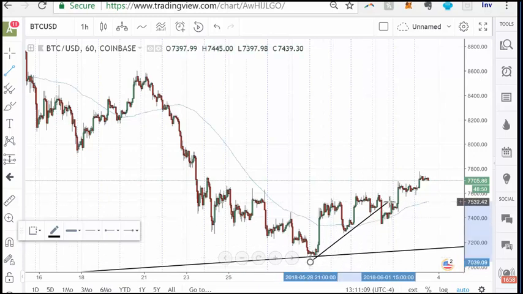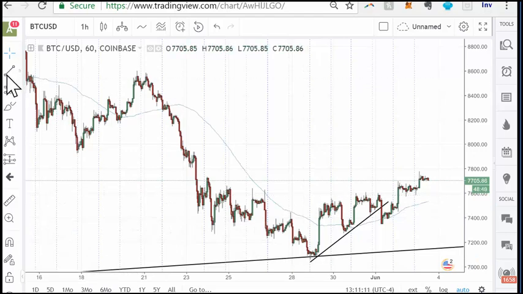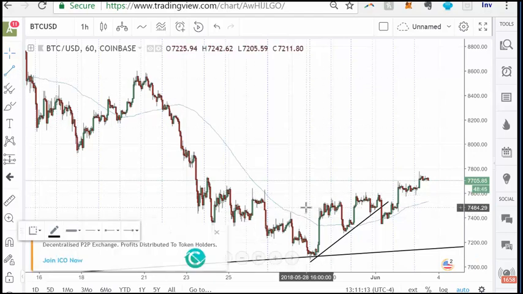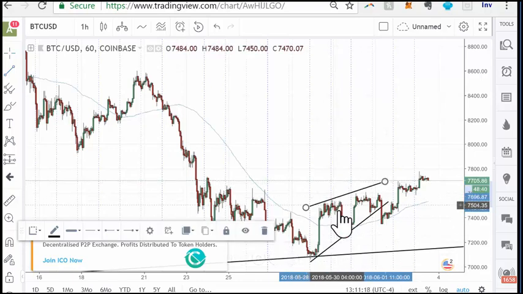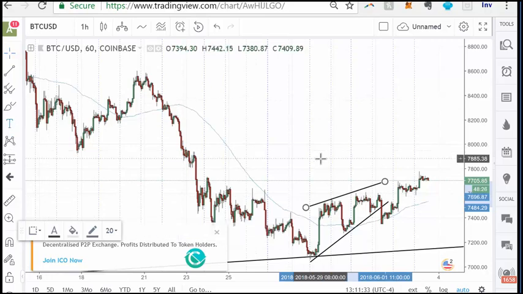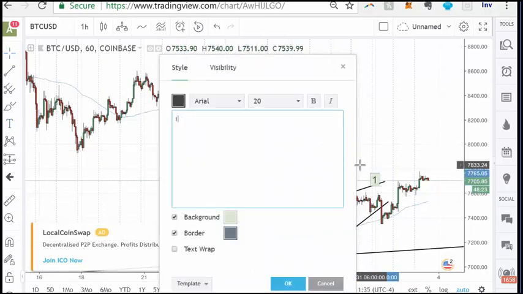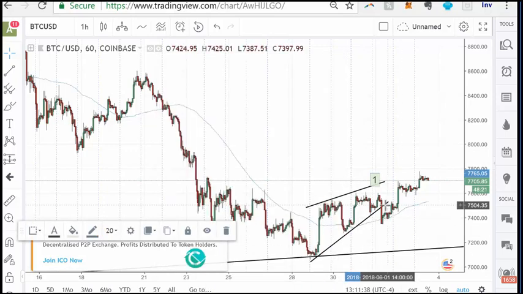In which case you have a large wave 1, wave 2, wave 3, wave 4, and then wave 5, where wave 5 actually was cut short a little bit. So we could call this here a 1. And typically at the end of the leading diagonal, it retraces towards this area here.